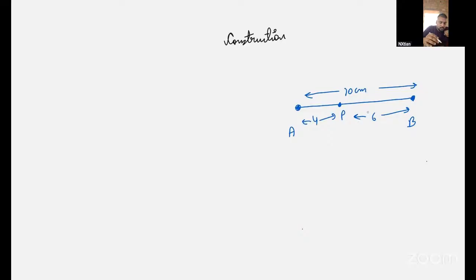Now how to do this? Everyone take out the scale, pencil, eraser, everything.